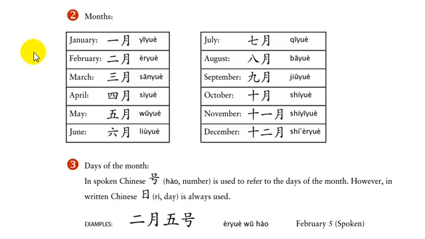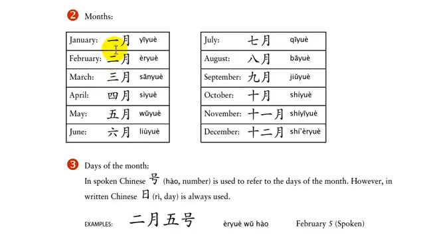The months are also a piece of cake in Chinese. The word for month is 月. The months are in the same order as ours. There are 12 months in a year in the Gregorian calendar. The Chinese use our Gregorian calendar, and they also use the lunar calendar, but they use our calendar as well. January is simply month 1, February is month 2, March is basically the 3rd month.